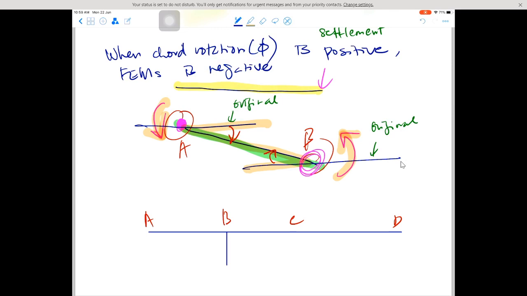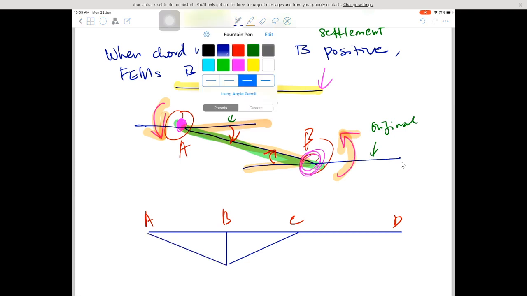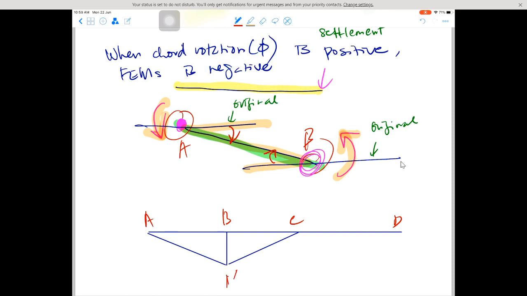There is no settlement at A and C. So this point will join with this one. And this one is joined to this one. Here is called B prime. So here is the 30 mm or 0.03 meter, the delta.